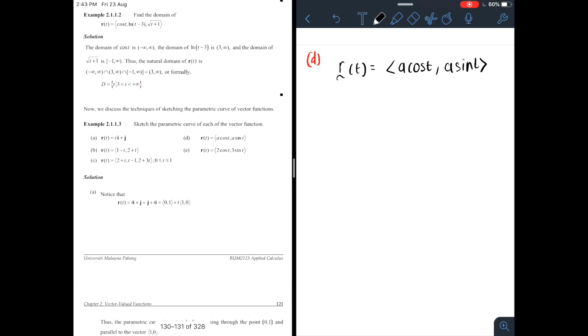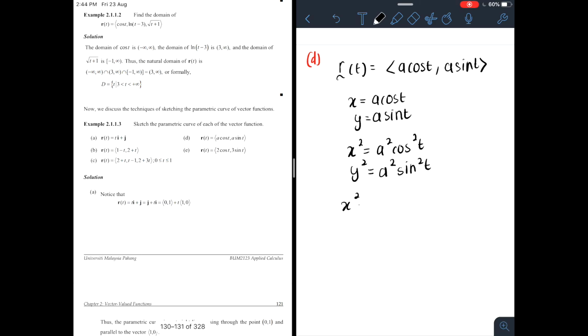So in this case, I will get x is equal to a cosine t and y is equal to a sine t. In order to get rid of the parameter t, I'm going to use trigonometric identities. So I will have x squared is equal to a squared cosine squared t and y squared is equal to a squared sine squared t.